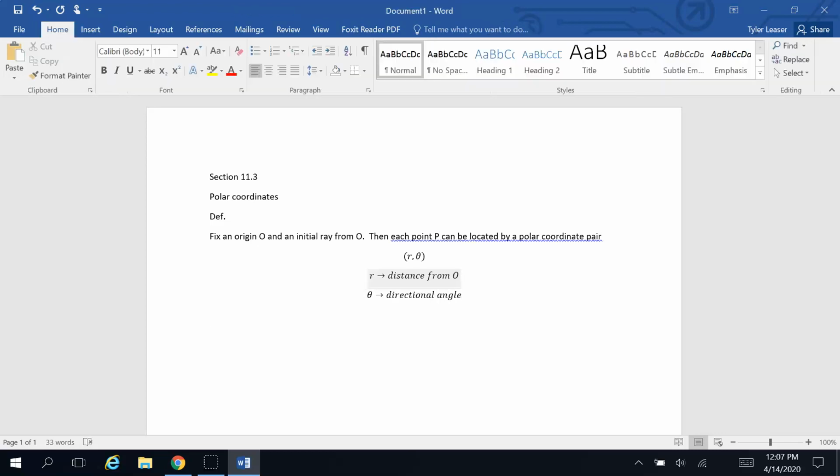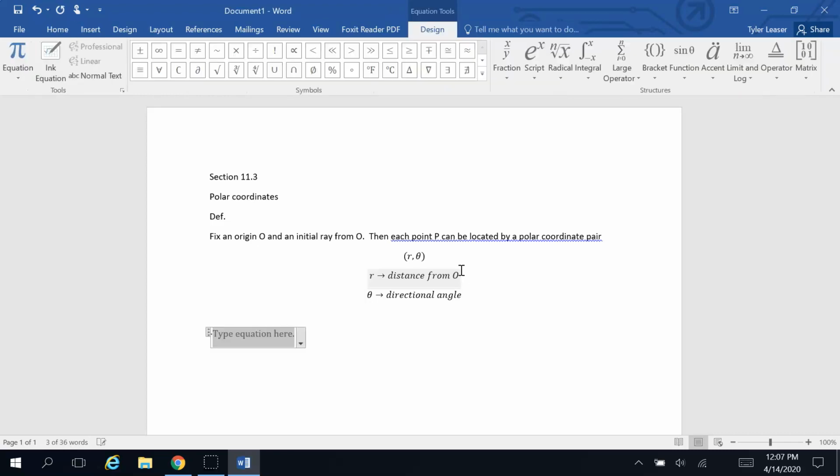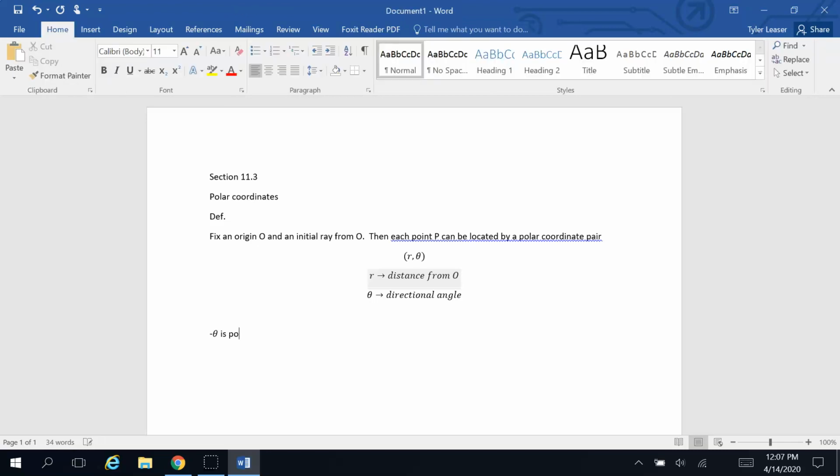Okay, just a little bit more about this. This theta is always positive. Well, I guess it doesn't always have to be positive, sorry. If it is positive, that means that we're going counterclockwise. And one thing about that is that with this angle, it is not unique.